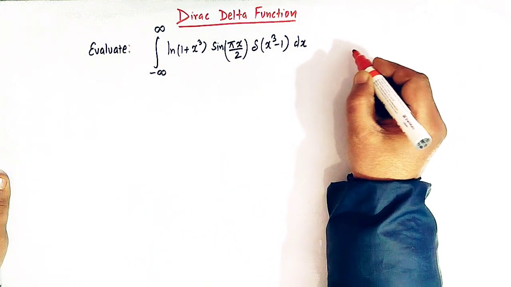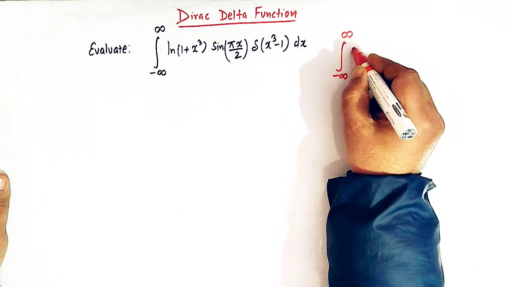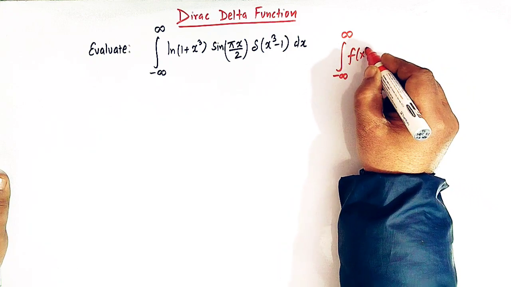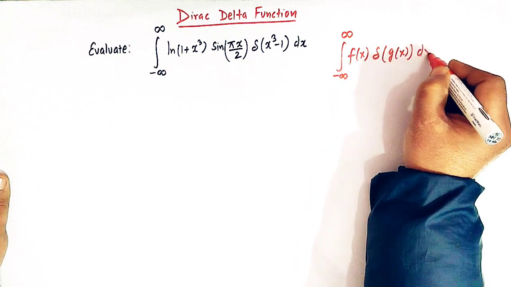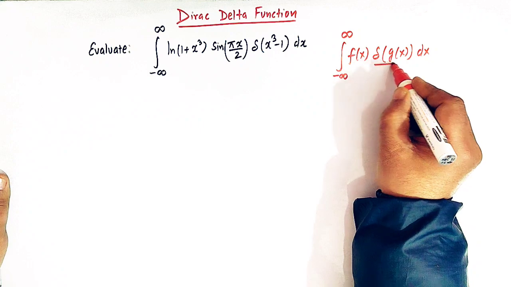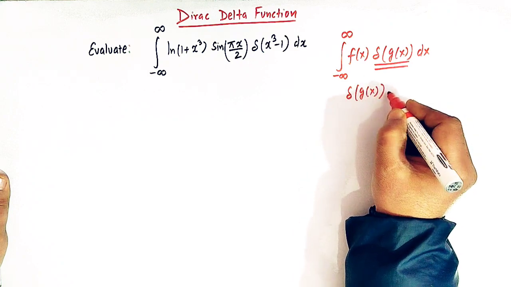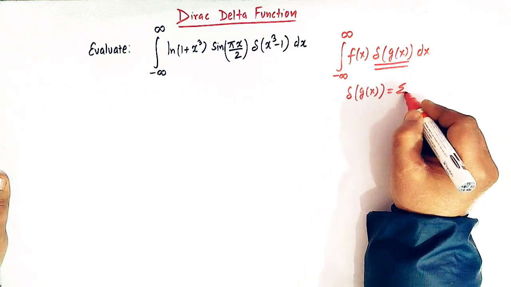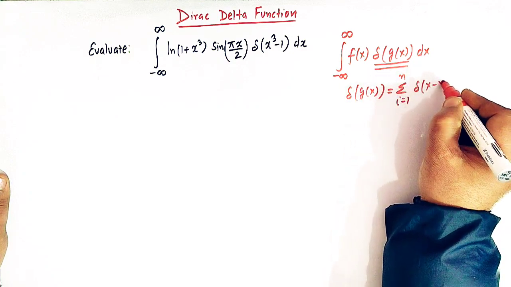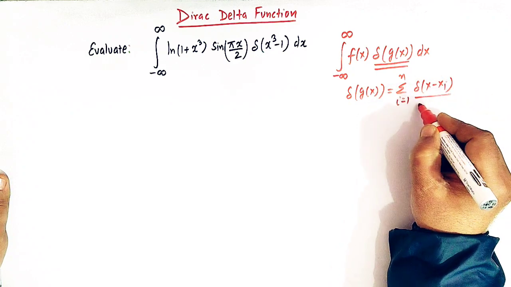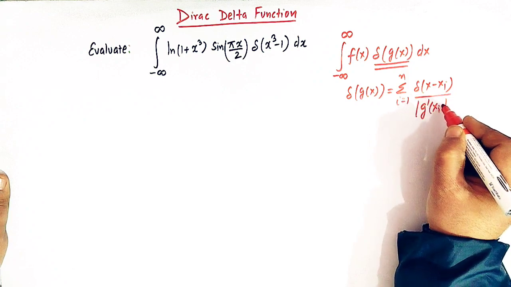Suppose we have an integral from minus infinity to infinity of some function f of x times delta of g of x dx. Then delta of g of x can be written as the sum over i equal to 1 to n of delta of x minus xi divided by the absolute value of g prime of xi.